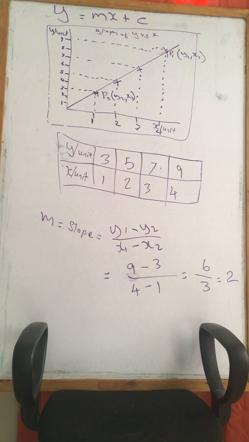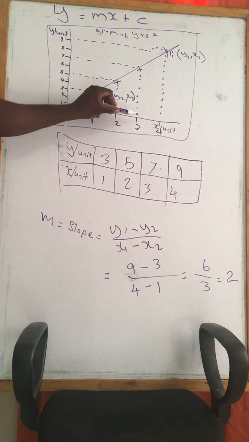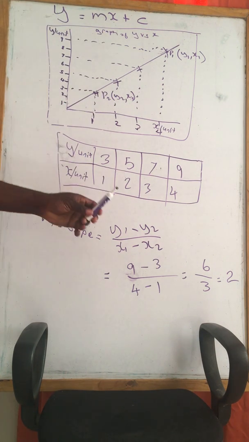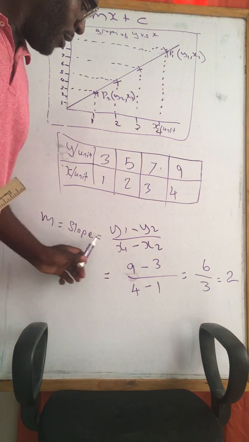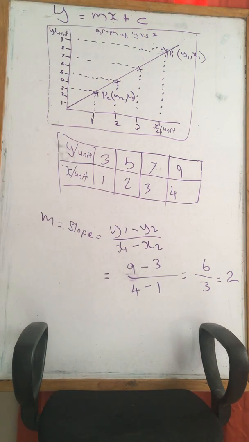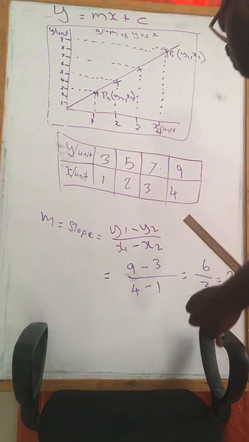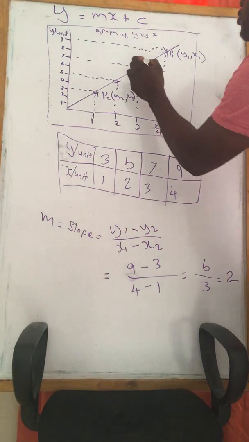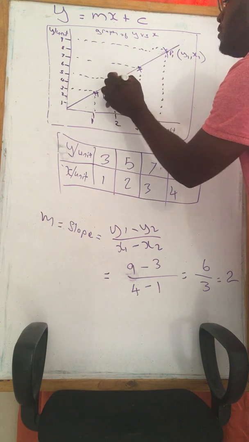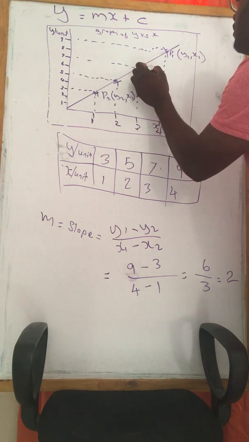And I explained to you earlier that y would be a variable because y will take on various values, right? And x is also a variable. But let us see if m, or the slope, is a variable for the straight line graph, right? So now let us just choose two different points, right here and right there.